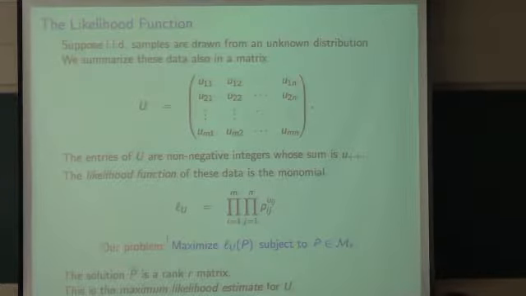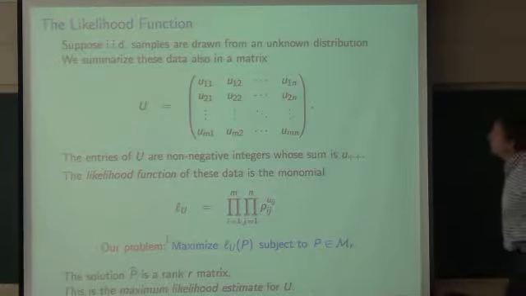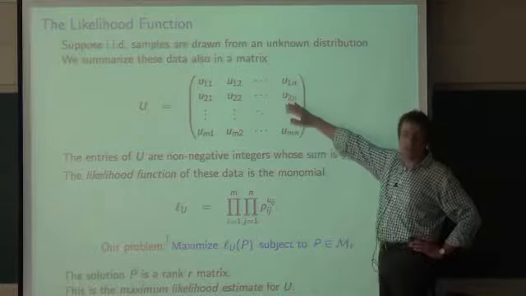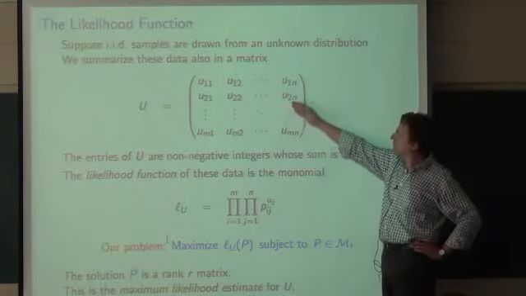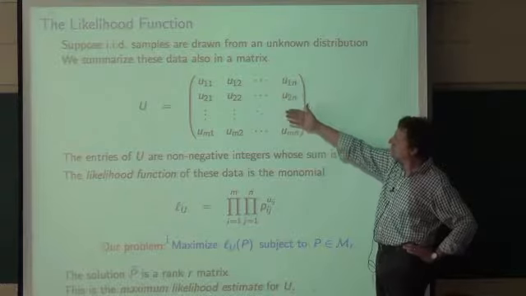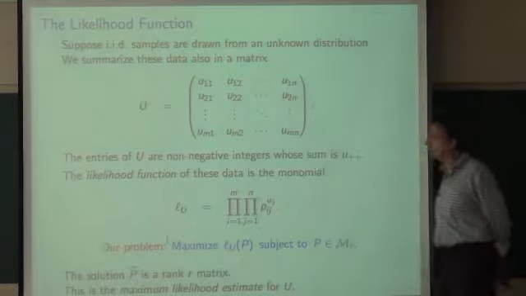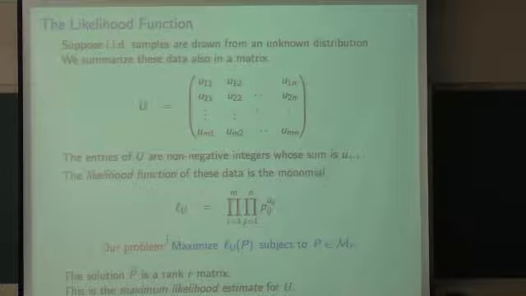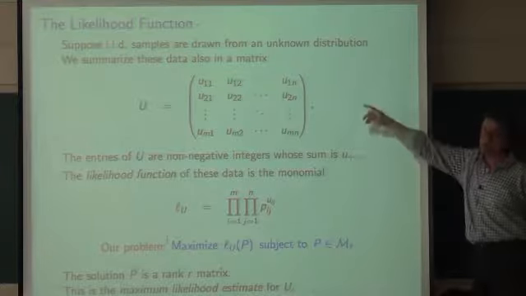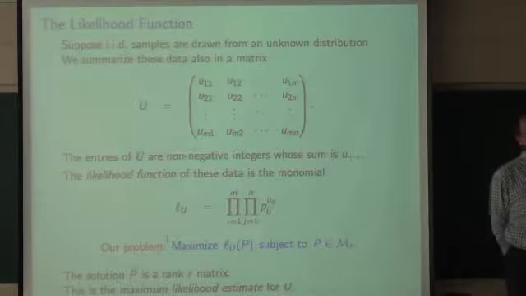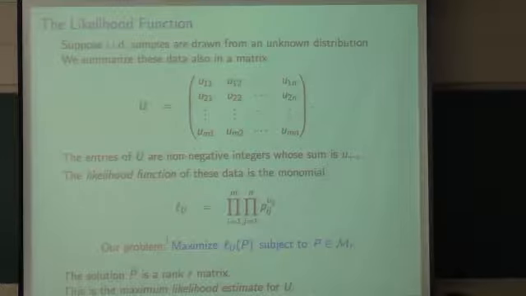So U was a matrix, and Uij is the number of people that have the first feature in rank I and the second one in rank J. The entries are now non-negative integers, and the sum I will denote by U++. That's 296 in the example. That was the sample size. So the total sum of all the entries is the sample size.